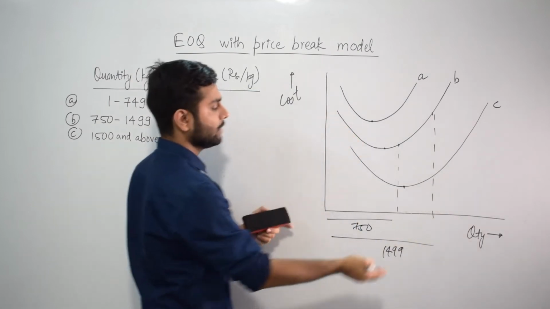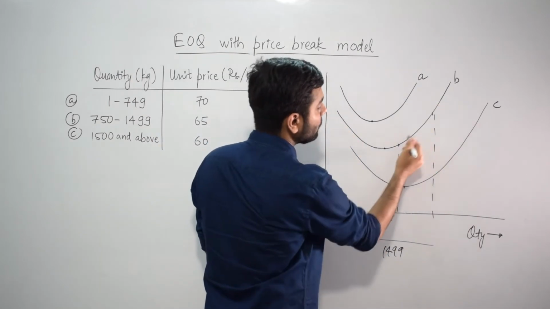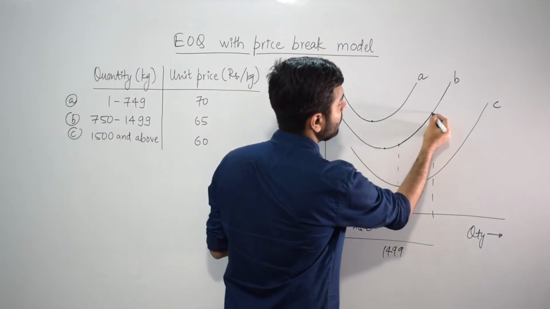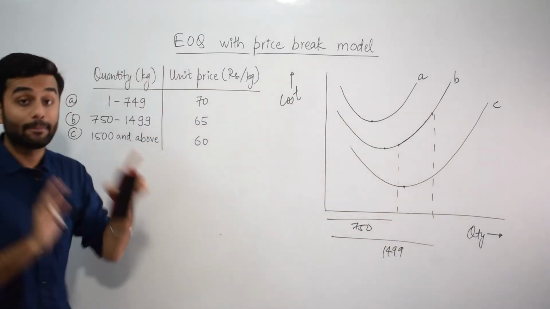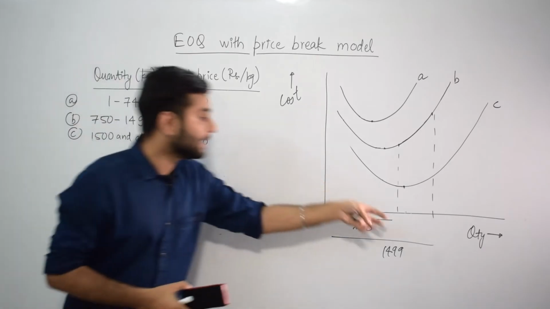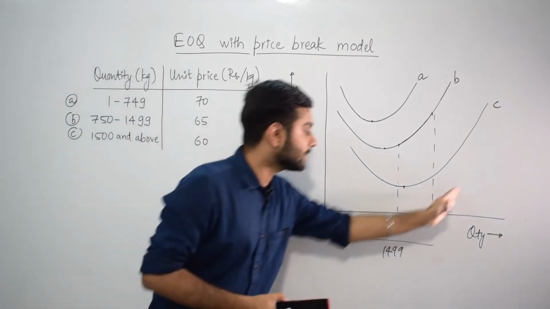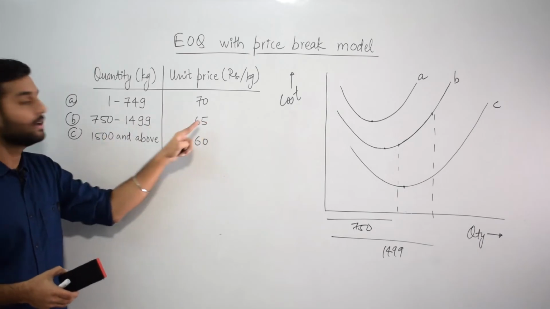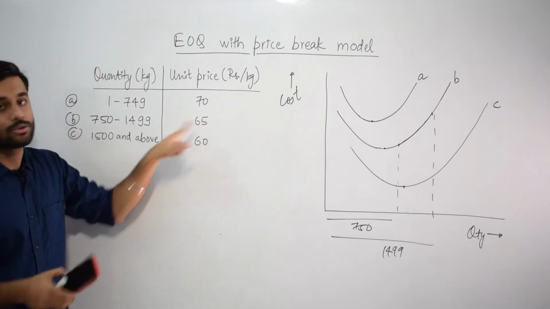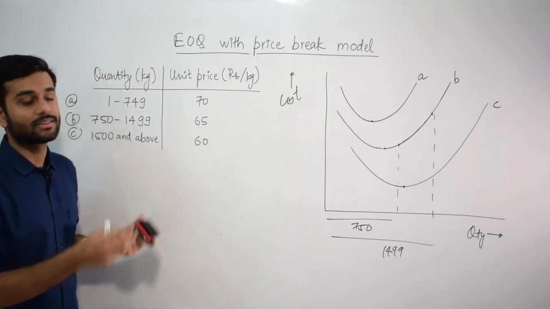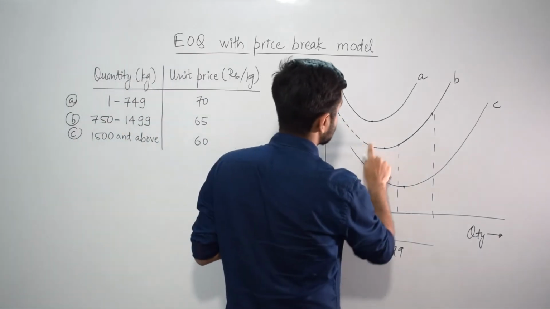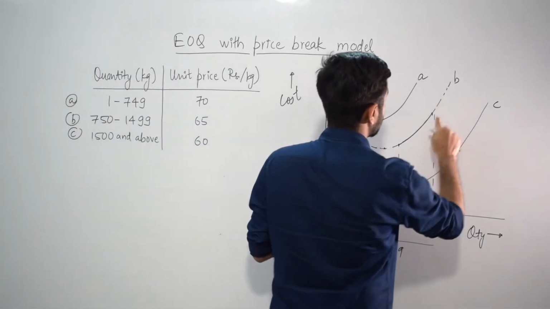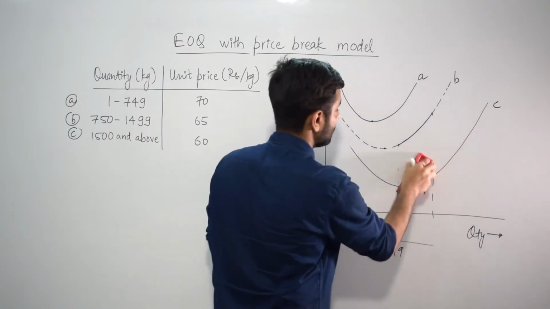Okay, random values. Then you can see that only from here to here you have this curve applicable. For quantity less than 750 or more than 1499, you do not have this curve, because you do not get this unit price outside of this range. So this curve is not valid outside of this particular range.